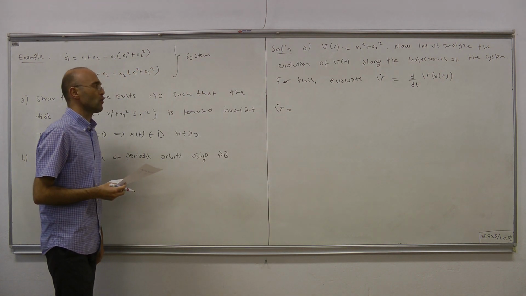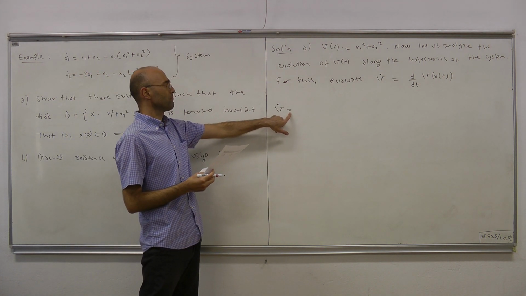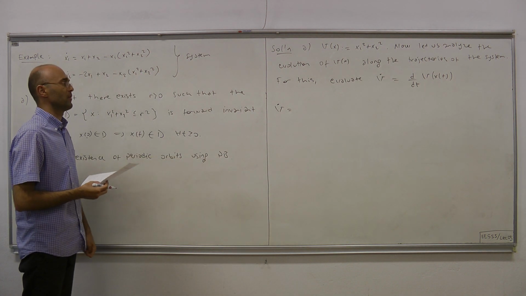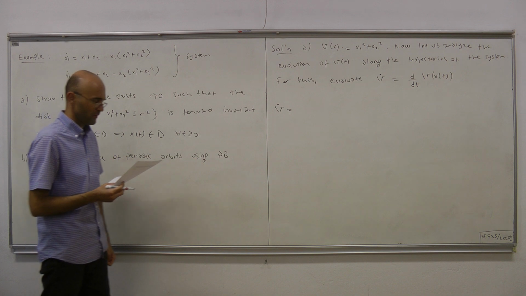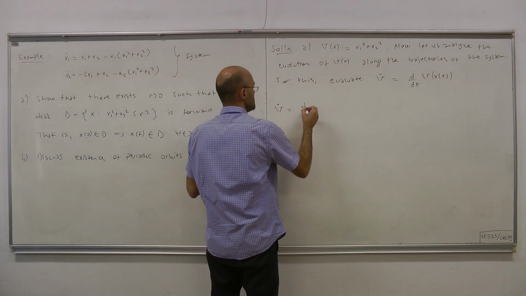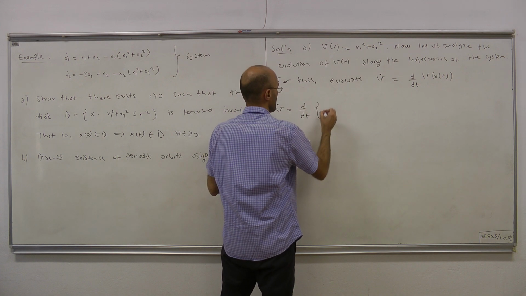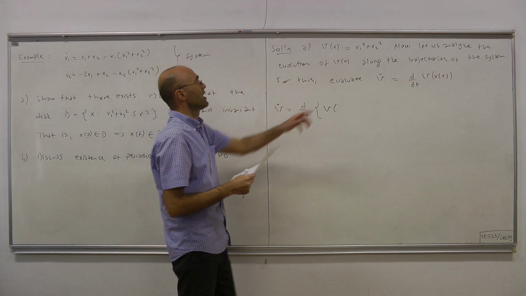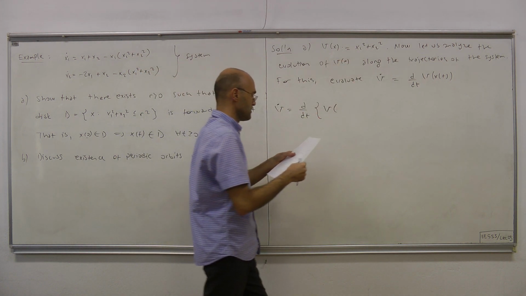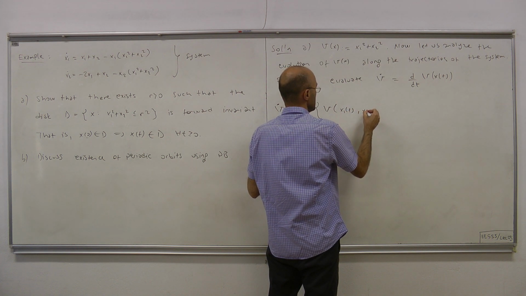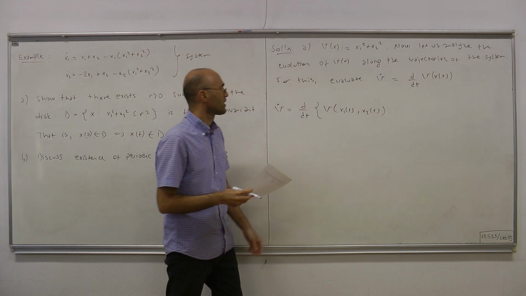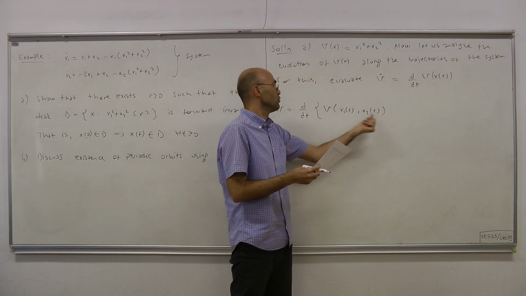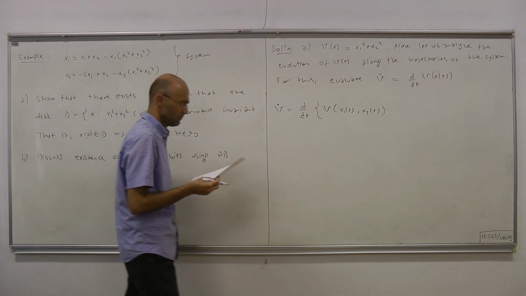Let's try to compute it. Perhaps we cannot obtain a useful equality for this, but we can obtain a useful inequality by carrying out the analysis. So V dot is d over dt of V of x, and x is a vector that has two entries, x1 and x2. Therefore V of x can also be written as V of x1 of t, x2 of t. So V, a function of a vector, means V is a function of two individual entries, x1 of t and x2 of t.